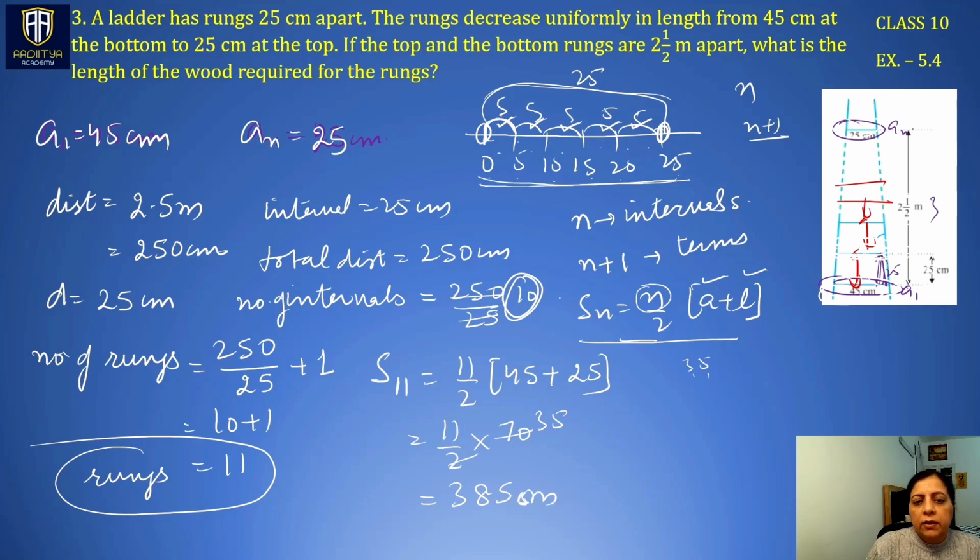Sorry, 385 centimeters is the length of the whole wood. That means we have to make 11 rungs. The length of the first rung is 45 and the last one is 25, going in a decreasing sequence. The total length of wood required will be 385 centimeters.